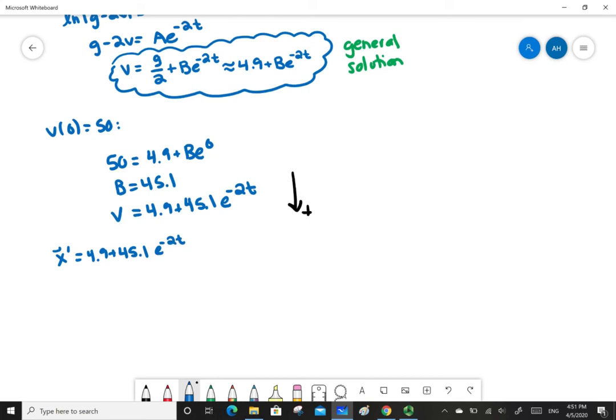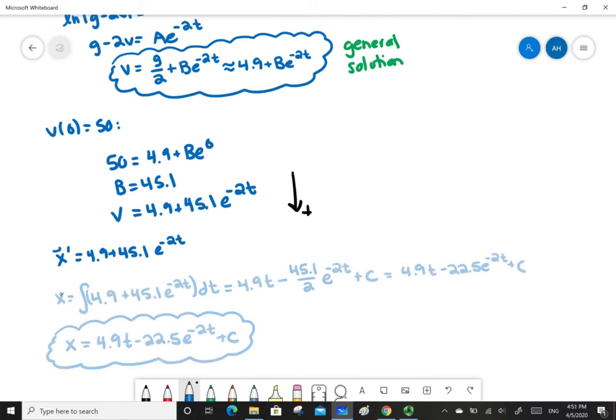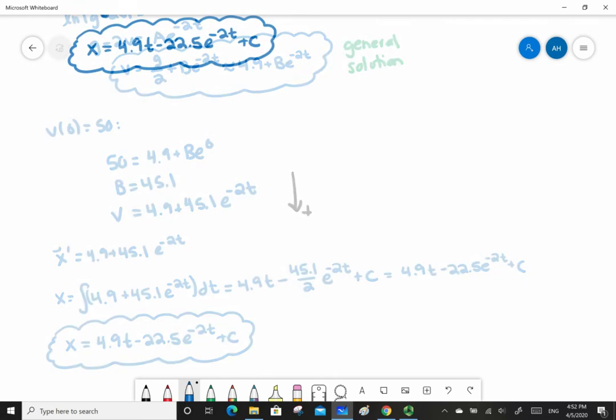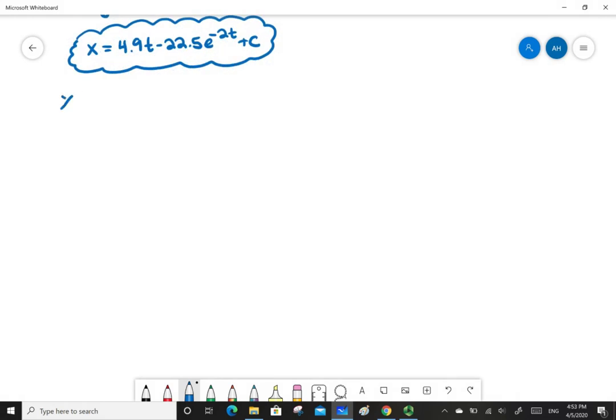Again, I encourage you to try the integral on your own before checking with my answer. So you should have gotten that x is 4.9t minus 22.5 e to the negative 2t plus c. Now we can apply that I defined the initial position of the object to be x equals 0 and solve for c, which gives us that c has to be 22.55.